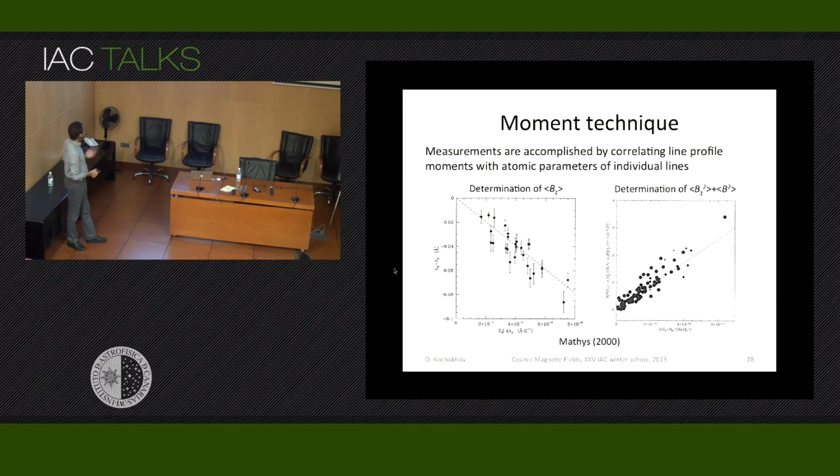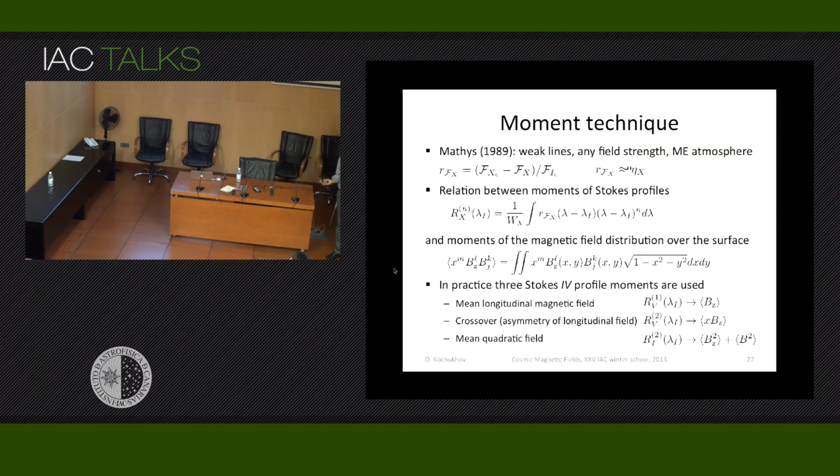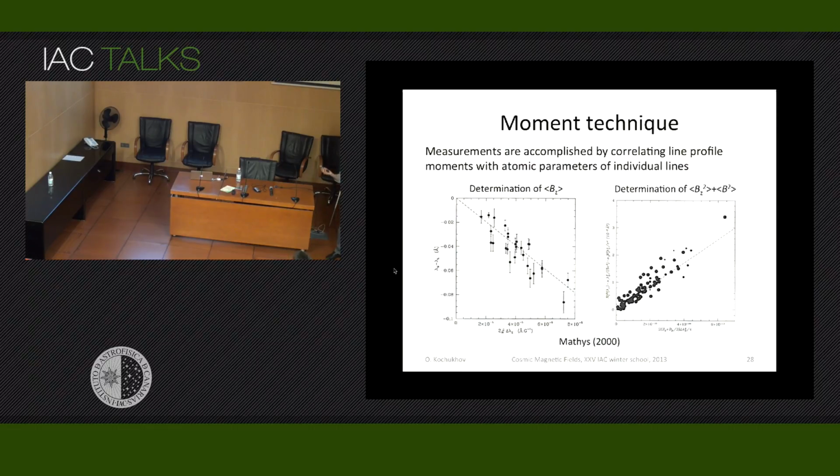This is how the moment technique is implemented in practice. So these moments are measured individually for each line, and then these correlation plots are produced, and the correlation is between the measured moment and certain atomic parameters. So in the case of longitudinal field, it's just the g times lambda, the Landé factor times lambda.